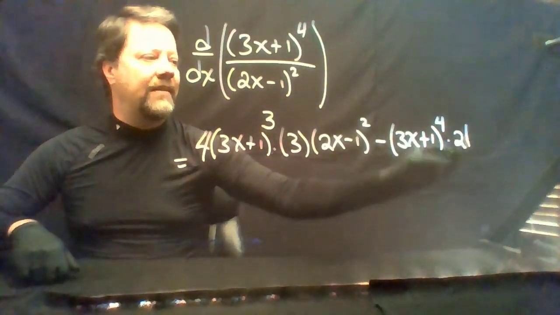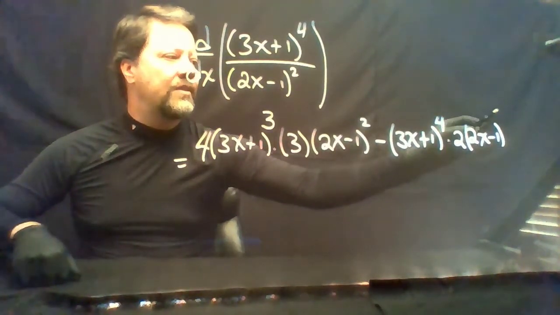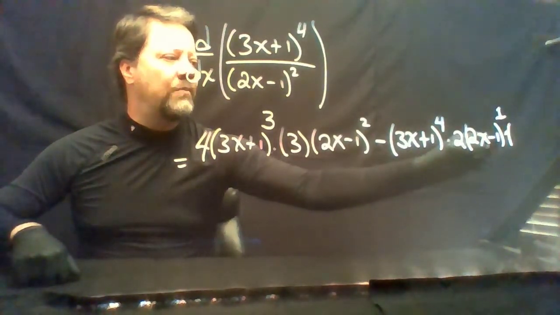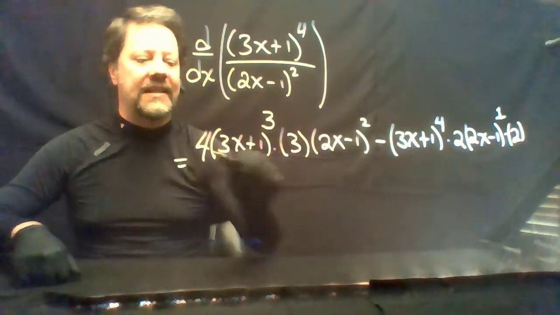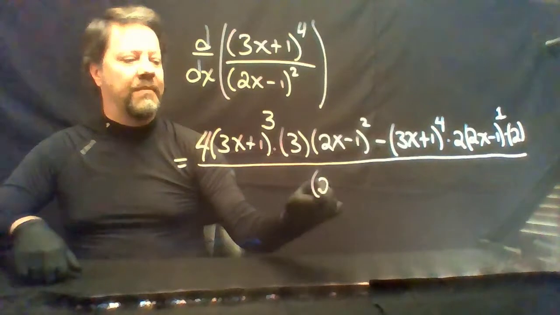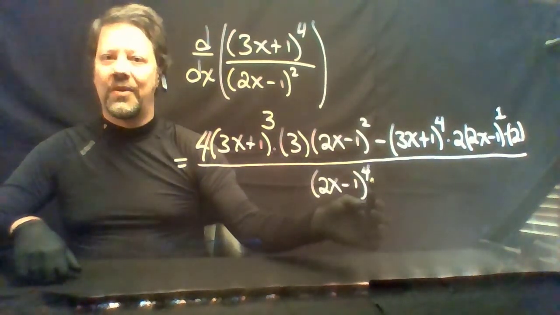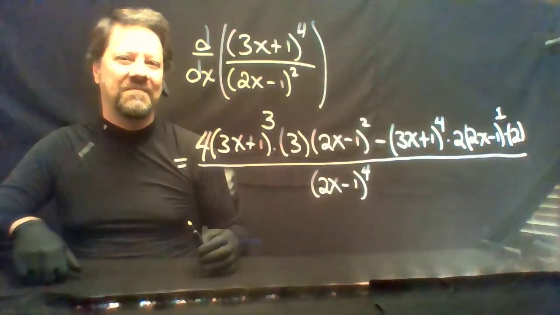We'll bring the power down, leave the inside alone, subtract 1 from the exponent, and then multiply by the derivative of the inside. We'll divide all of that by the bottom squared, and so it would be to the 4th power.